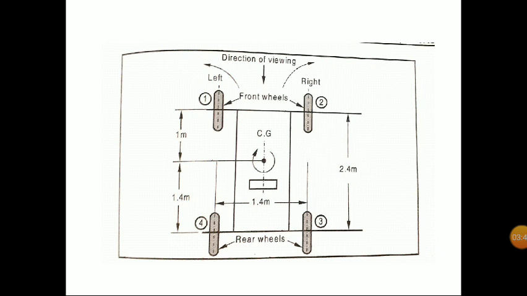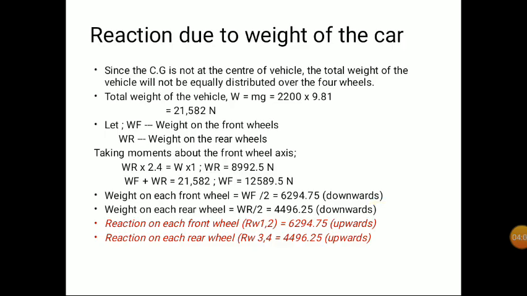But it is not at the center, so we have to find the load distribution on the front wheel and back wheel due to the weight of the car. For that, first we convert mass of the car into weight of the car.